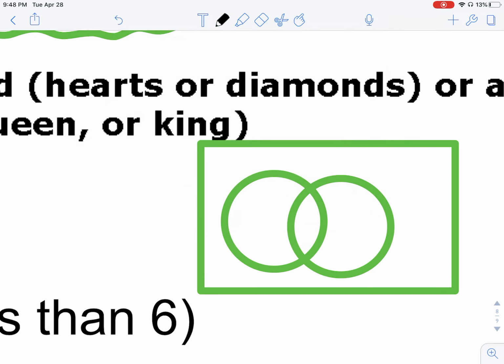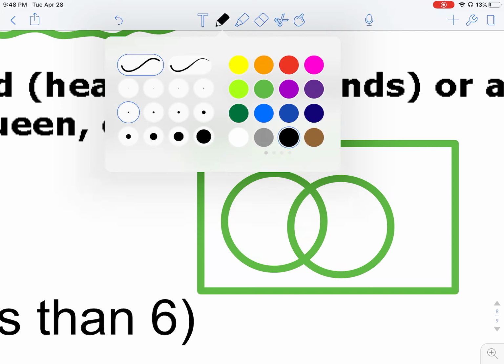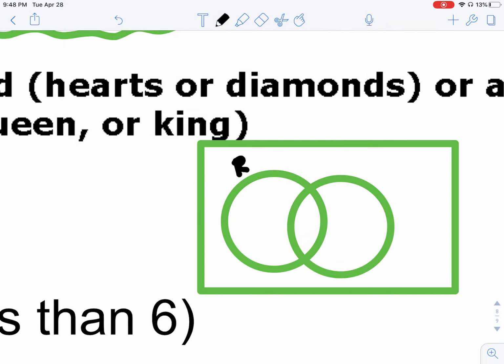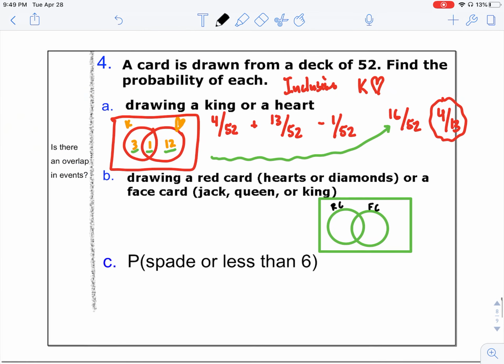Let's call this the red card. Call this the face card. Are there any red cards that are face cards? Yeah, half of them are. Okay, so half of the face cards are red cards, and there's 12 face cards.